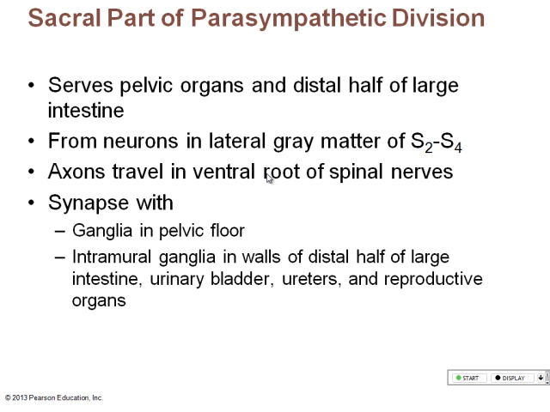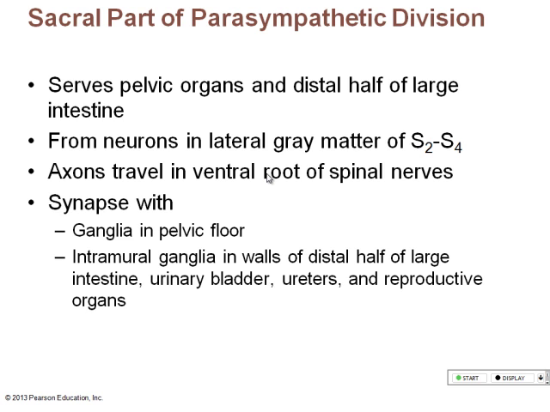The sacral part of the parasympathetic division serves the pelvic organs, the bottom half. From neurons in lateral gray matter in the spinal cord down at the bottom, we see S2 through S4, those sacral nerves. Axons are going to travel in the ventral root of the spinal nerves and synapse with ganglia in the pelvic floor.